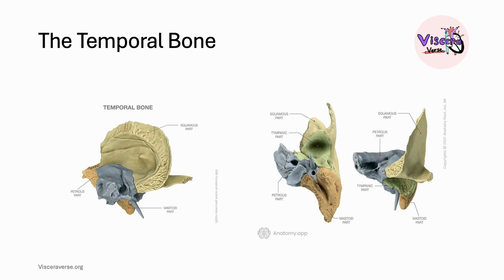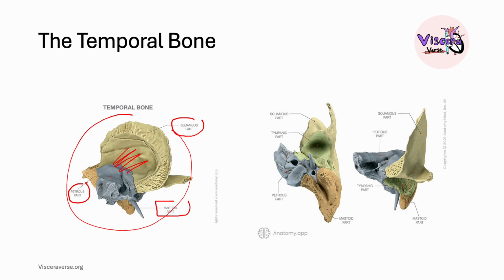Let's look at the temporal bone from different angles and in more detail. Here, we see it from the internal part. This is the internal part inside of the skull, and this is the squamous part, the petrous part here in blue, and the mastoid part, as you can see here in orange. If we look inferiorly, again we see the bone here with its squamous part, the tympanic part, right?